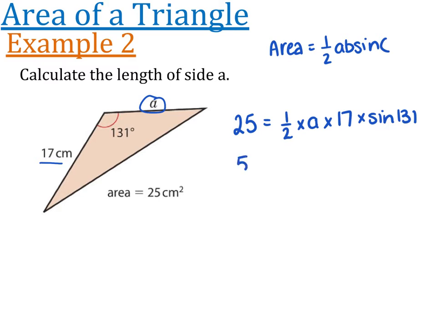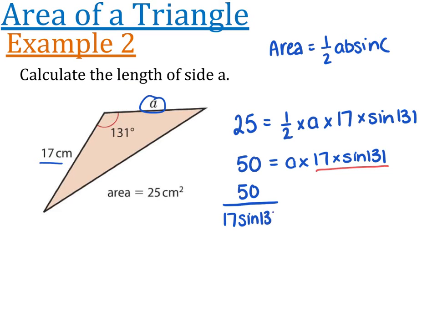So I end up with 50 is equal to A times by 17 times by the sine of 131. And then I'm going to go ahead and divide both sides by all of the 17 times the sine of 131. So 50 divided by 17 sine of 131 should be equal to side A.